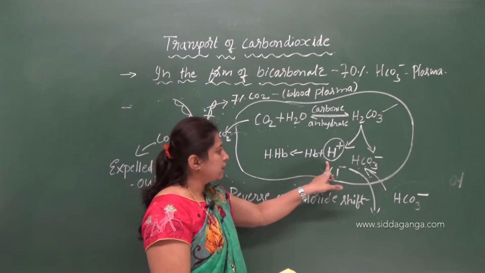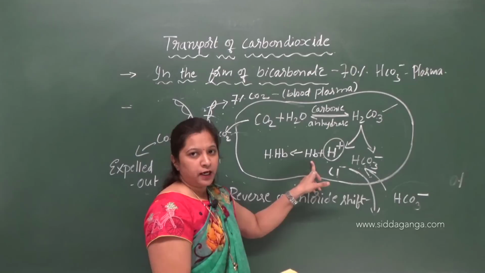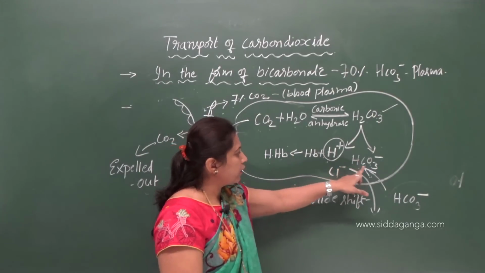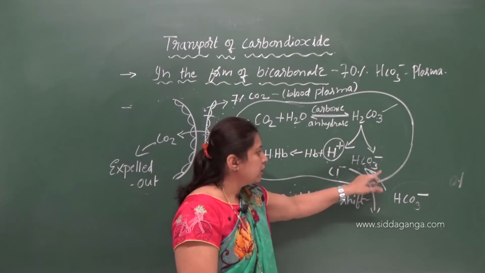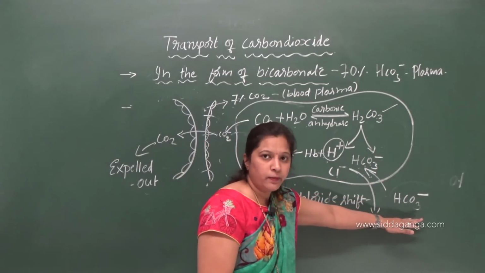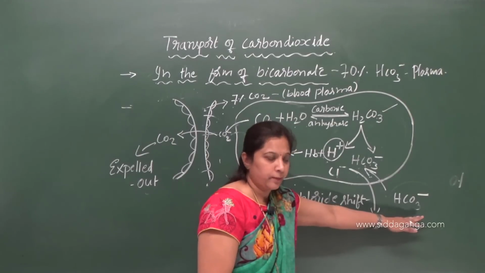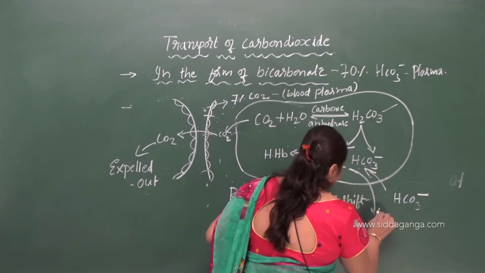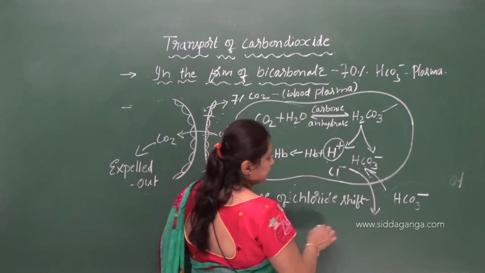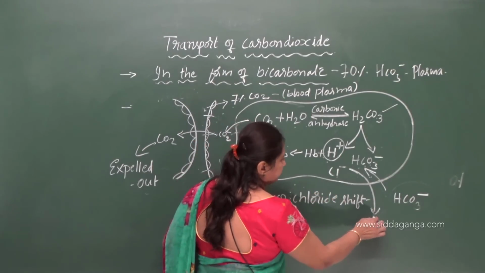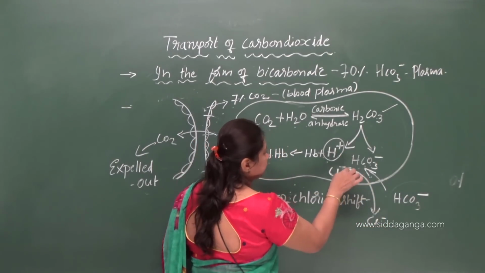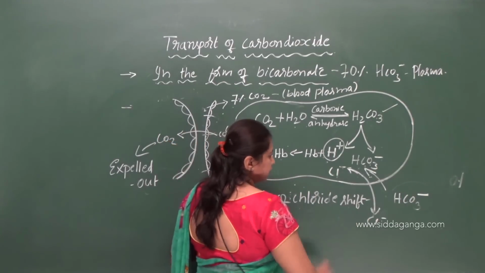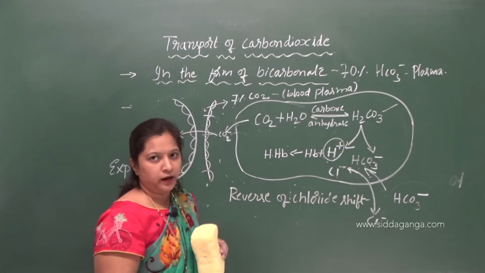The hydrogen ions combine with hemoglobin and form hemoglobinic acid, whereas the bicarbonate ions, being negatively charged, diffuse out of the RBCs into the blood plasma. In response to this, to maintain the ionic balance, the chloride ions from the blood plasma diffuse into the RBCs. So this is the chloride shift or Hamburger's phenomenon.